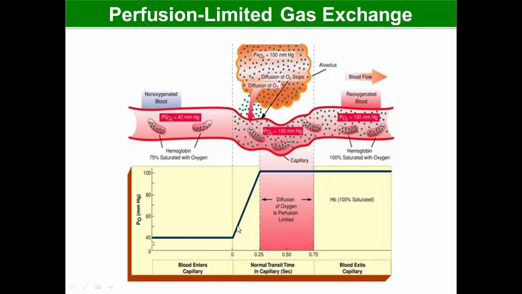See, the partial pressure of oxygen increases, and it reaches that in the alveolar air after about 0.25 of the second, or after the blood has moved 1/3 of the pulmonary capillaries. So diffusion of oxygen is perfusion limited.